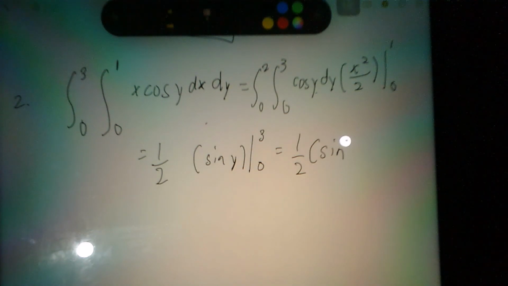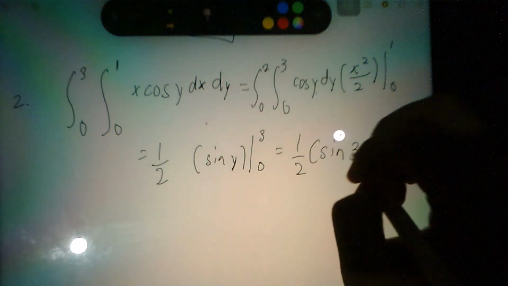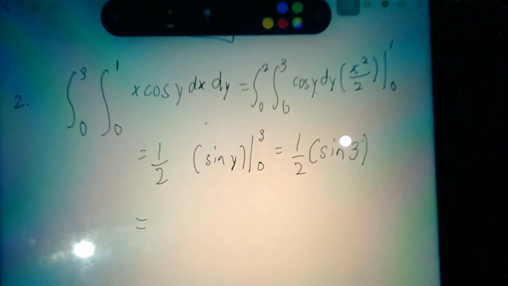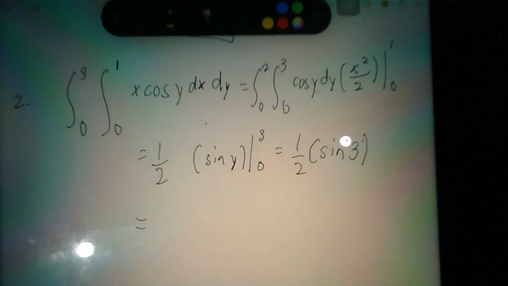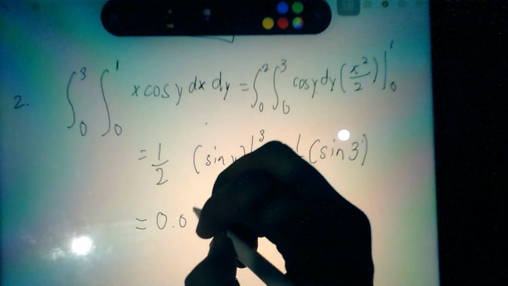Sine 0 is just 0, so it's 1/2 times sine 3. So our answer will become 0.026.